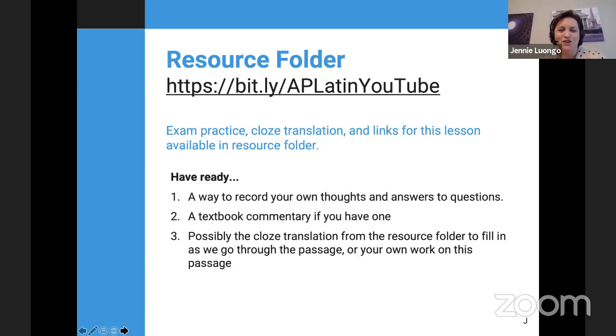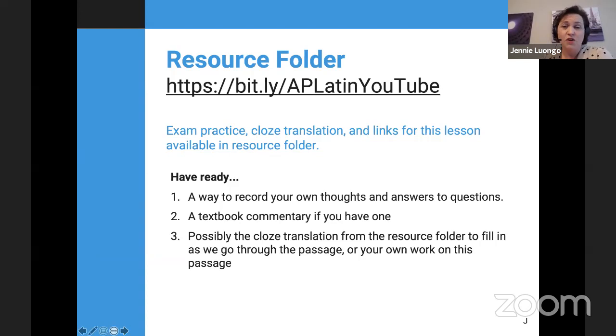As always, you can find resources for these lessons in the resource folder, the Google Drive folder at bit.ly/APLatinYouTube. There you'll find the cloze translations we're about to talk about, links for this lesson, links to previous lessons, along with the PowerPoint as a PDF in case you need to review.